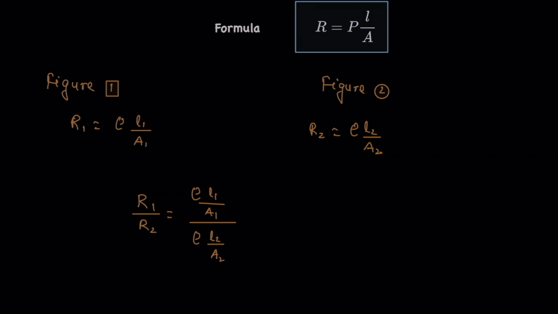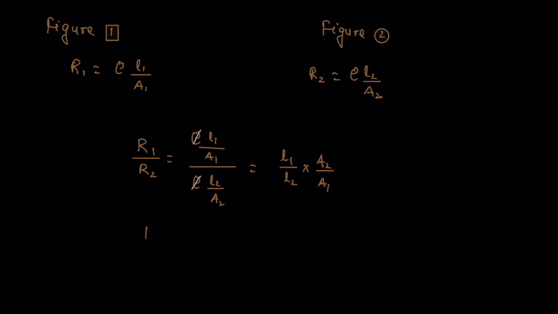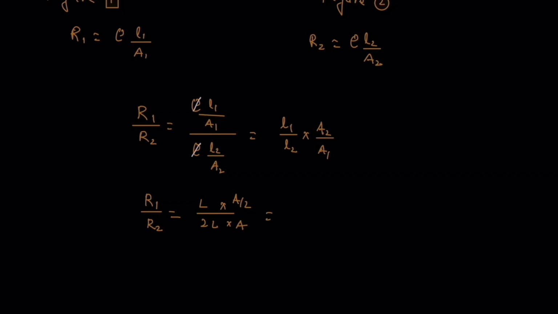Because the material is the same, resistivity will also be the same. So resistivity gets cancelled. So L1 by L2 into A2 by A1. R1 by R2 will be equal to L by 2L into A by 2 into A. So after solving, we will get 1 by 4.